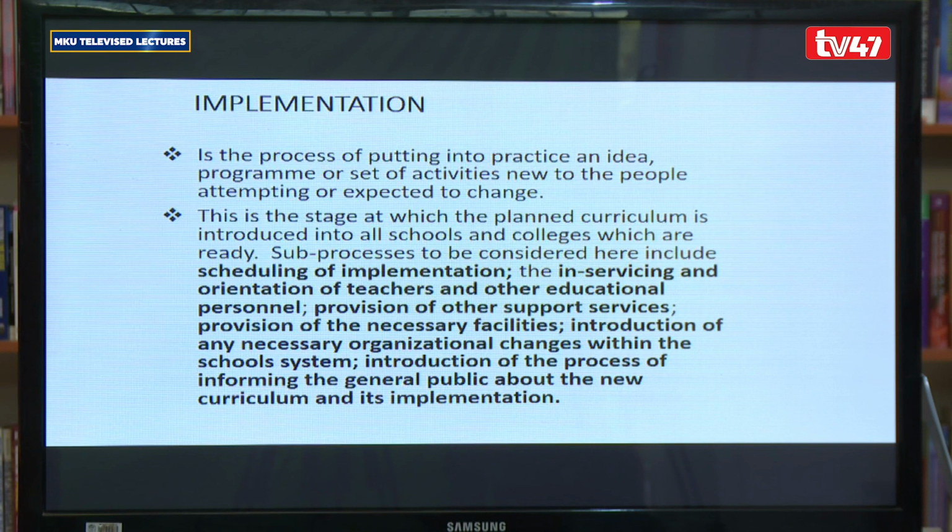It involves in-servicing and orientation of teachers and other education stakeholders with regard to the provision of the services.